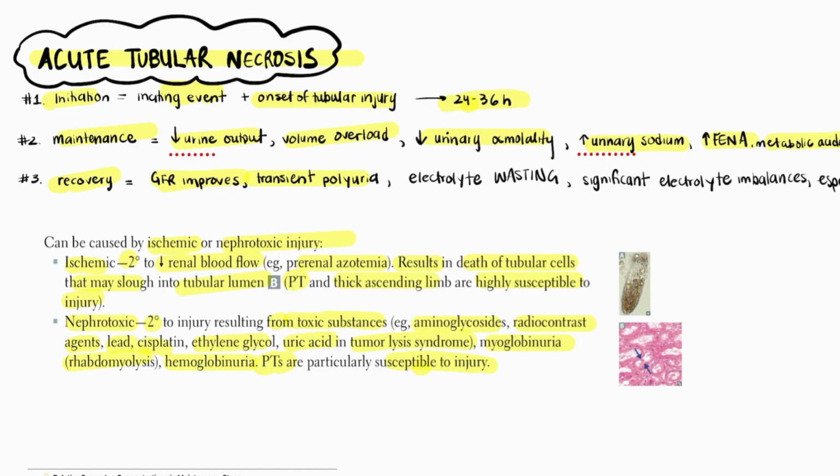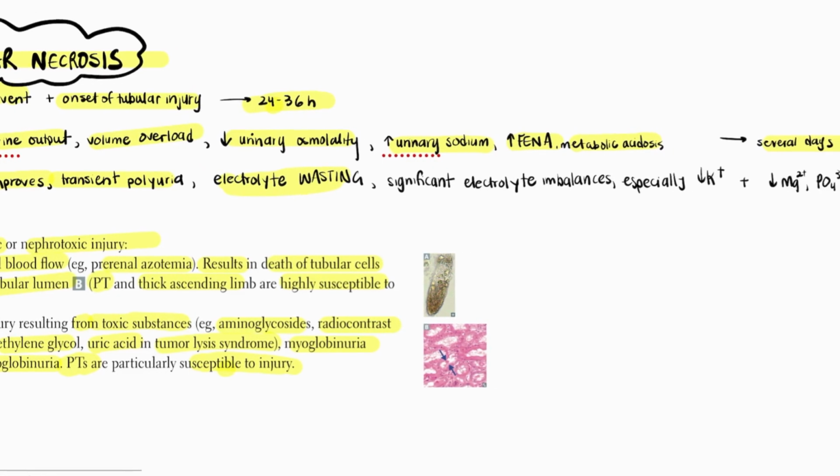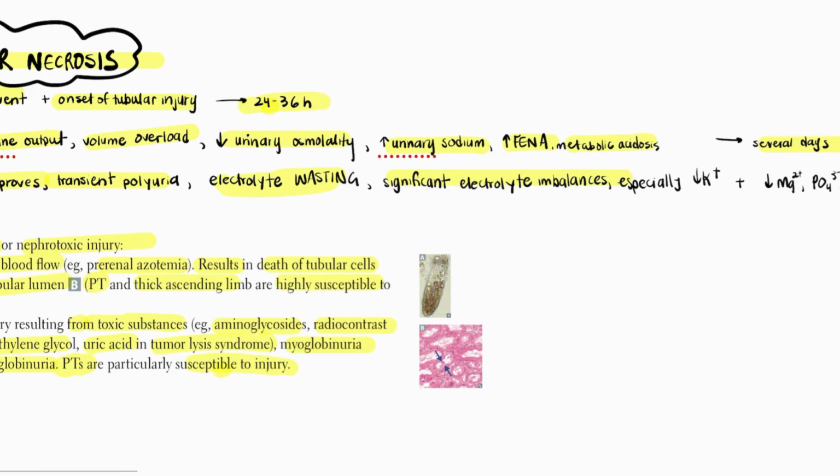Like your GFR improves, but your ability to reabsorb the ions hasn't kind of caught up. So you end up with a lot of electrolyte wasting. So you're going to be peeing a lot of the important electrolytes. And then you have significant electrolyte imbalances, especially potassium. So you're going to have hypokalemia, but you'll also see low levels of magnesium, phosphate, calcium.